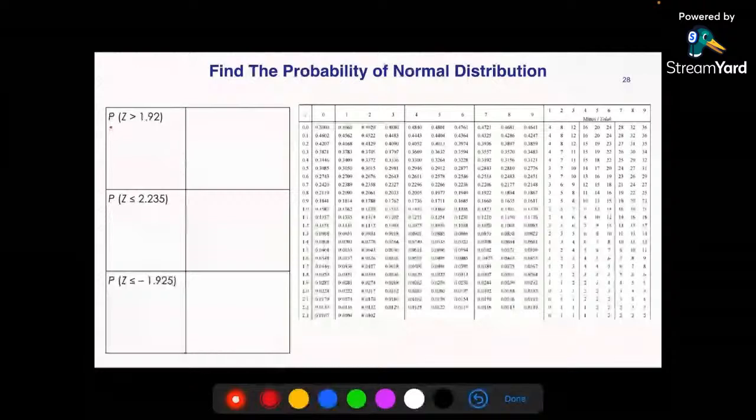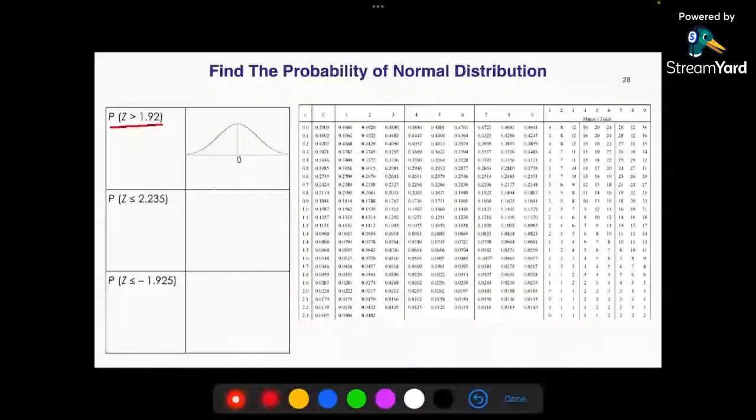So normally kita akan sketch the graph. Okay, you just sketch the simple of normal tu, tak kisahlah bentuk macam mana pun, lebih kurang macam ini. So and then kita letakkan dia punya Z dia. Z-score dia berada di sini because of positive berada di sebelah kanan of 0. So here. Kat sini ya.